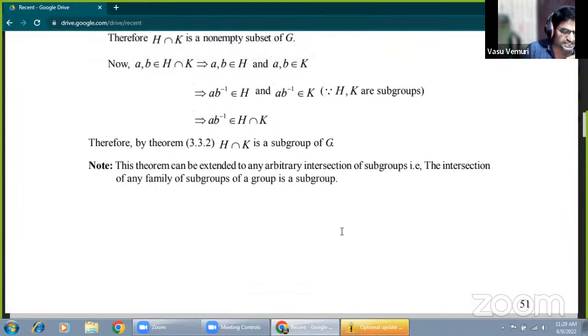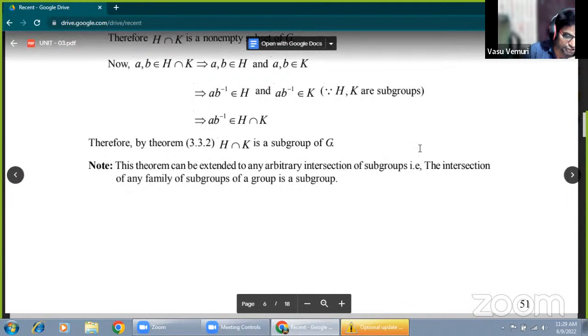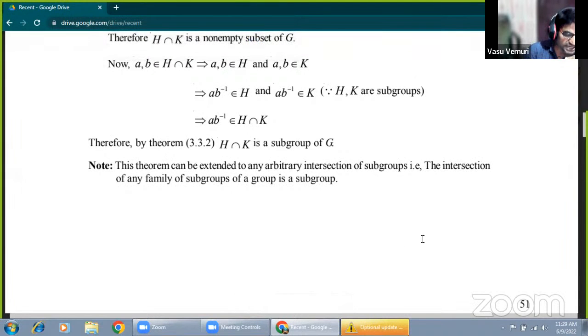That is H1 intersection H2 intersection H3, and so on. Denote it by capital X, equal to capital H, equal to the intersection over i belongs to capital I of Hi. That is, the arbitrary intersection is a subgroup.